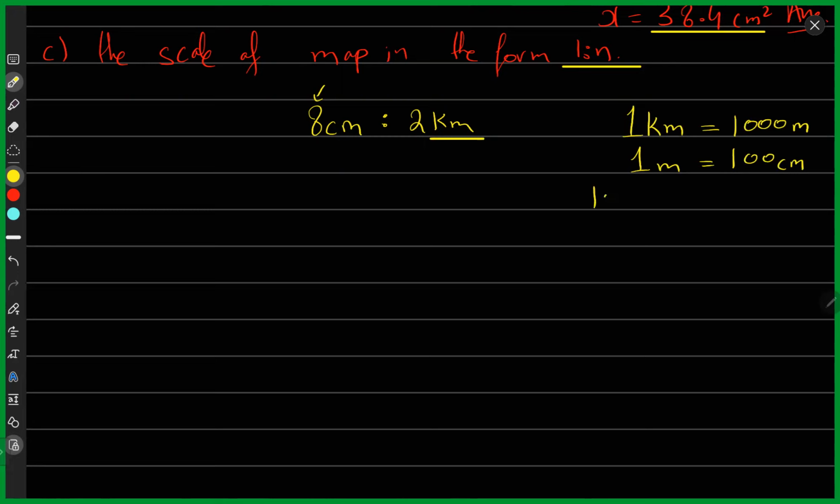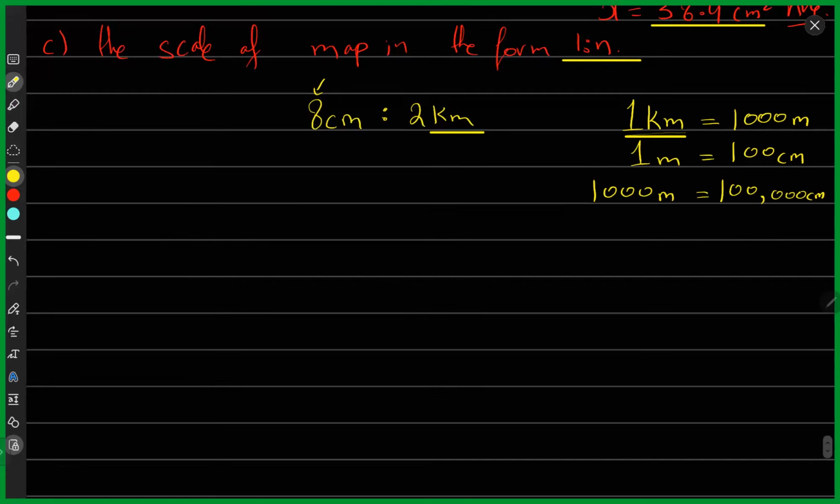So 1000 meters would have 1 lakh centimeters. 1 kilometer has 1000 meters, and 1 meter has 100 centimeters. So 1000 meters would have 100,000 centimeters.